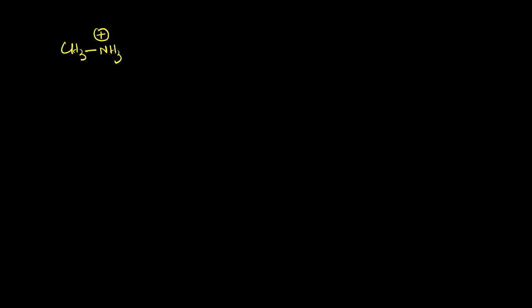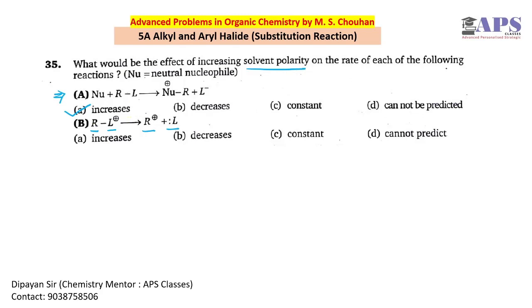This is our initial molecule, and as we know, this dissociates in the absence of any kind of nucleophile. So this is a kind of SN1 reaction. CH3NH3 plus, after dissociation, gives CH3 plus and ammonia.